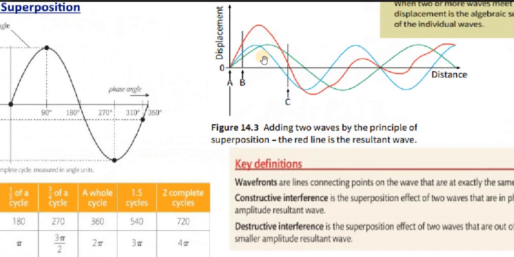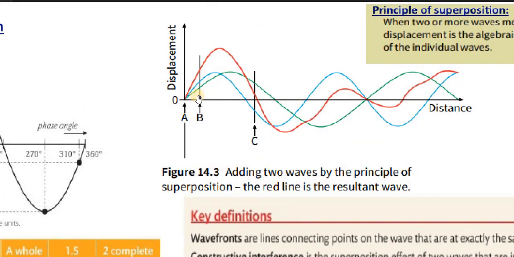So what you can do is you can even measure this. So if this is, let's say, 2 centimeters, from here to here it's 3 centimeters, then 2 plus 3 is 5. That means from here to here it will be 5. Let's look at another part of the resultant wave. So from the x-axis along this vertical line to where it meets the green wave, let's say it's plus 4, for example.